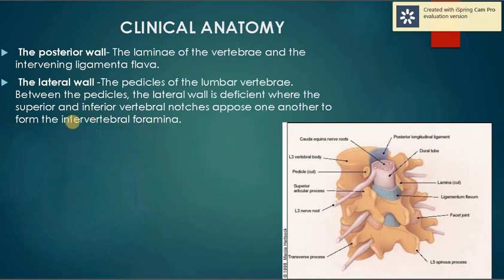So the intervertebral foramina is on the lateral side, formed when the superior and inferior vertebral notches oppose one another. The posterior wall is composed of the lamina of the vertebra and the ligamentum flavum, and we have also seen the anterior wall.